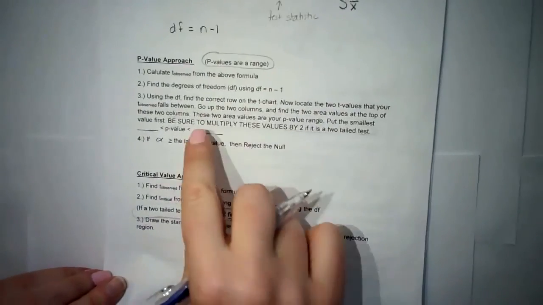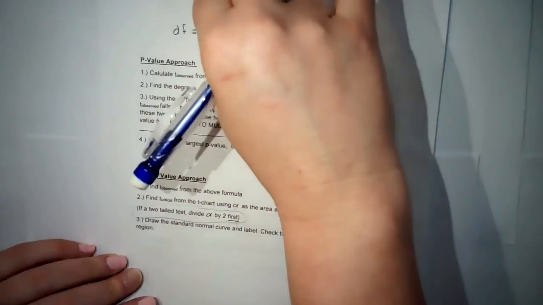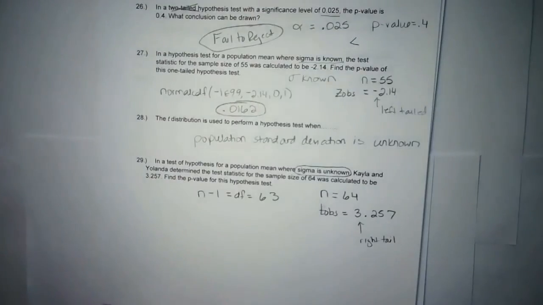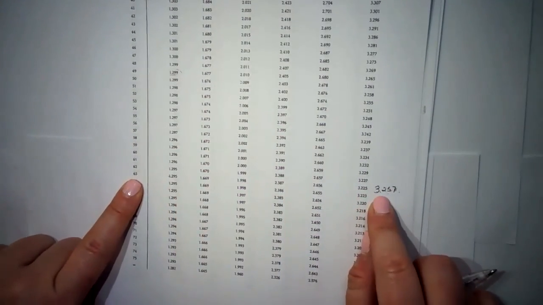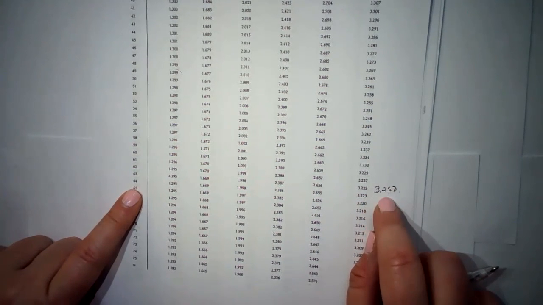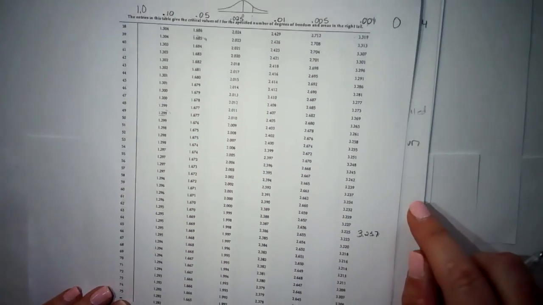Okay, we're going to use that T observed and find the 2 rows it falls between and go straight up to the top. Okay. So I'm going to go to 63. There's my row. Oh, I already have it written on there. Good grief. Okay. So it turns out 3.257 is way over here on this side. It's like not even between 2 written here.